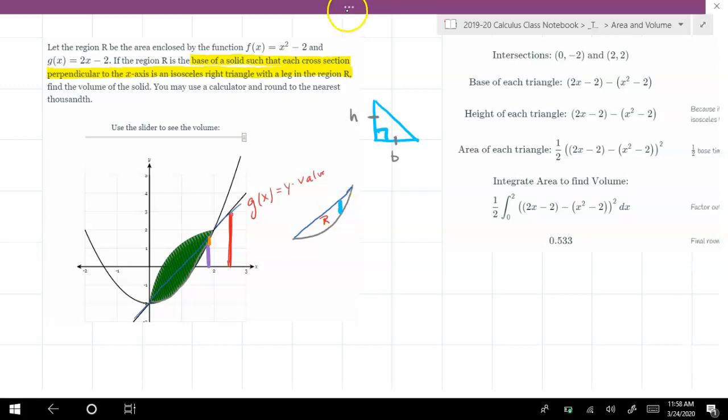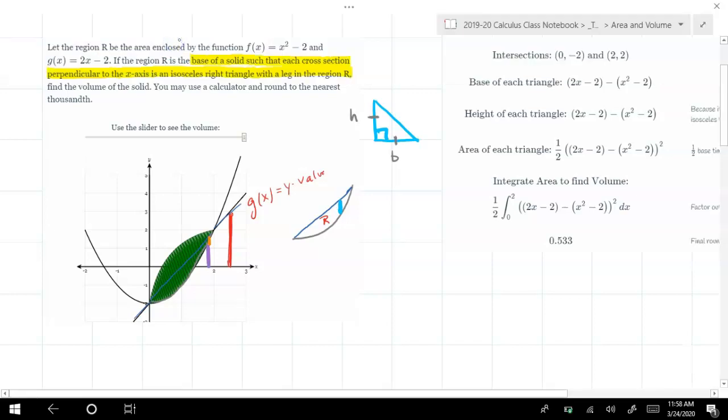The base is in region R, so what I need to find is the base in terms of my functions f and g. To find the length of that base, it's still top curve minus bottom curve. In this case, g of x is the top curve, and f of x is the bottom curve. So this is my base: g of x, which is 2x minus 2, minus f of x, which is x squared minus 2.